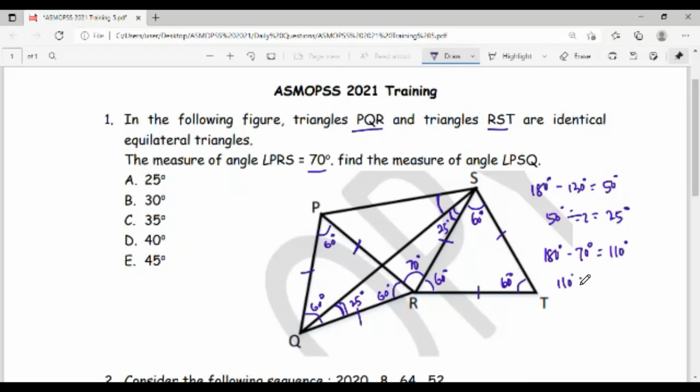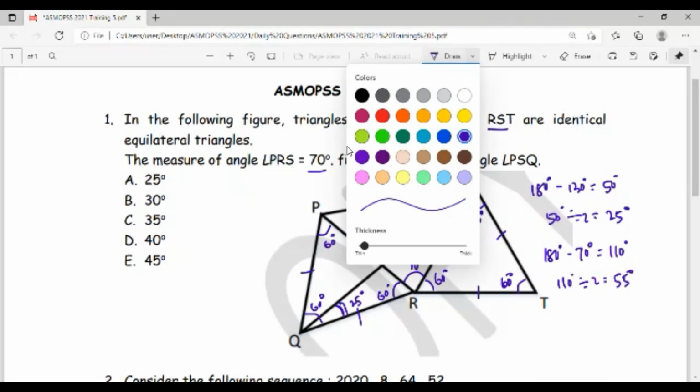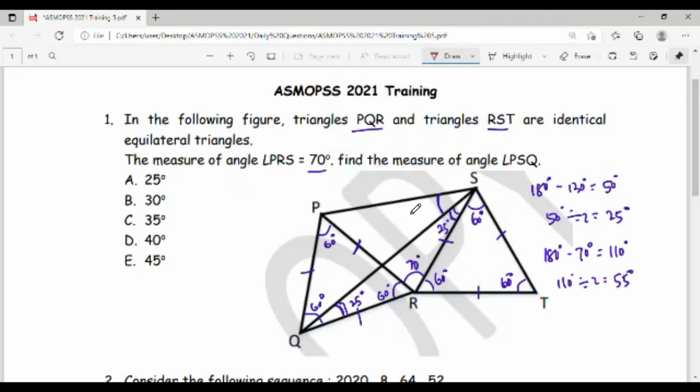And then divide that by 2. So we know that is 55 degrees. The whole angle here, let me mark that with red, is equal to 55 degrees. Then if this is 25, we can find this by subtracting 25 from 55 degrees. So that is equal to 30 degrees.